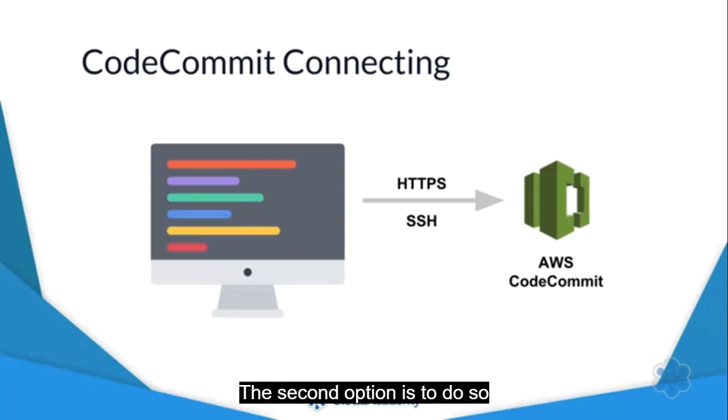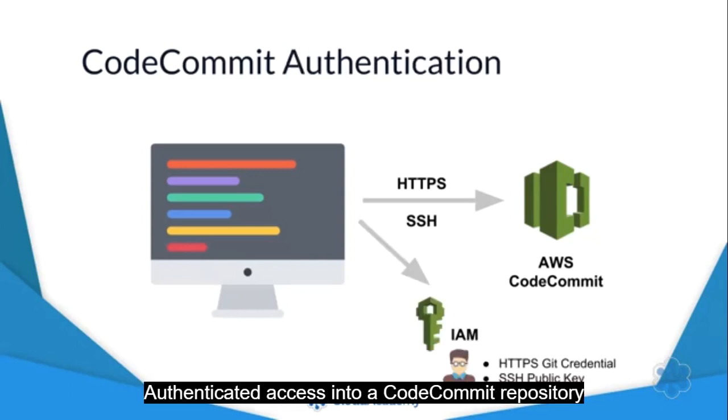The second option is to do so over the SSH protocol using port 22. Regardless of chosen connection type, both protocols ensure that all source code transferred to and from the repository is encrypted for security.